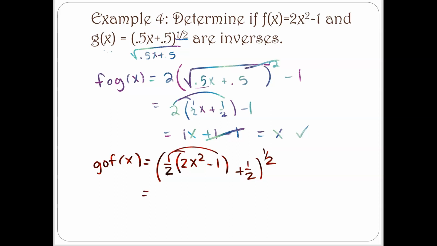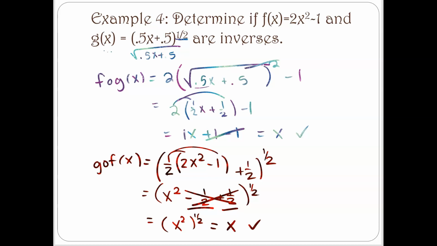So we get 1/2 times 2, which is x squared, minus 1/2 plus 1/2, all to the 1/2 power. A positive 1/2 and a negative 1/2 will cancel. And then x squared to the 1/2 power. Well, we know a power to a power means you multiply. We also should know the square root of x squared is x. So we get x for both, so we are happy, and therefore they are inverses.